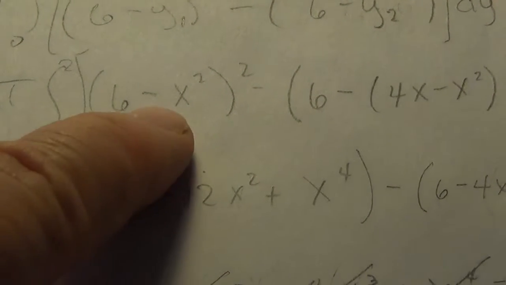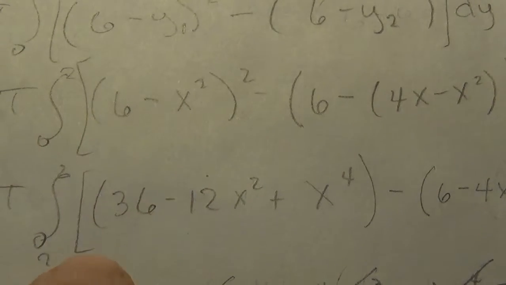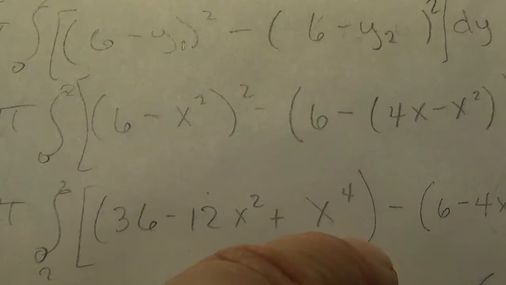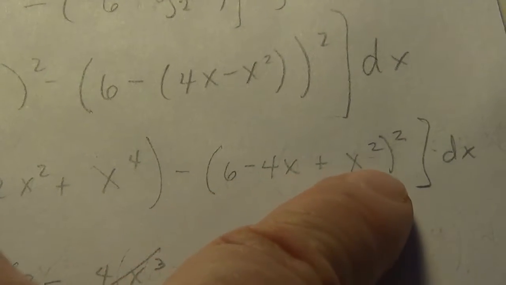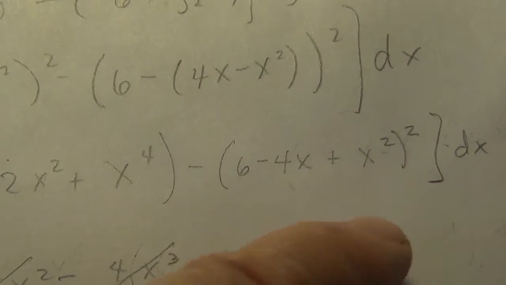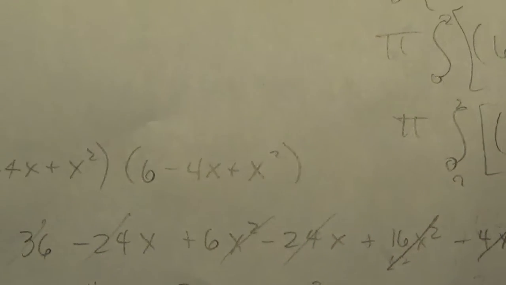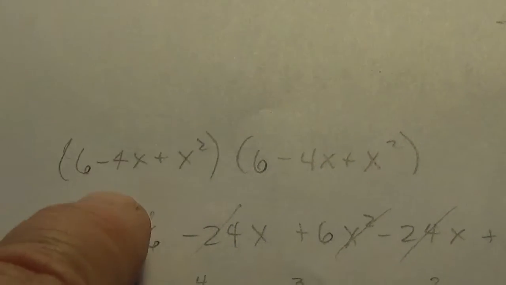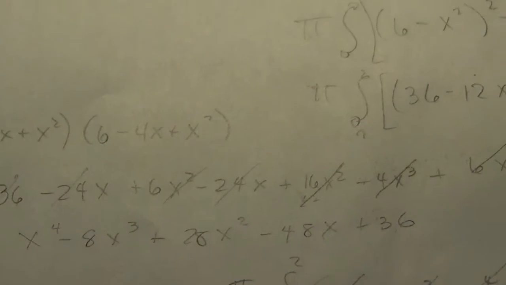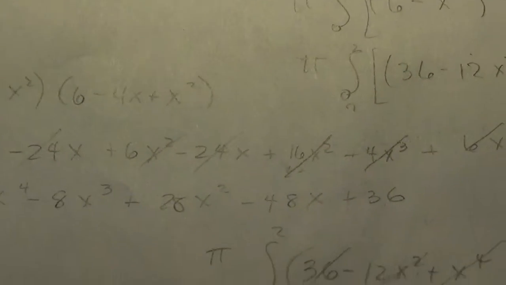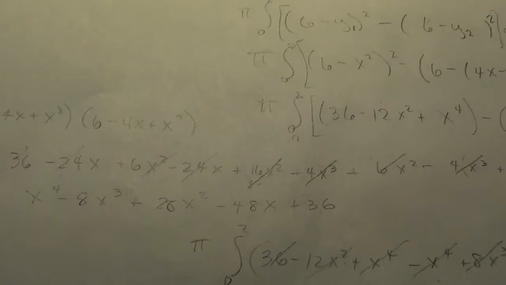Alright, when I squared 6 minus x squared, I got this. And when I distributed the negative sign before I squared this trinomial, I had to multiply 6 minus 4x plus x squared times itself. So all those terms, let's zoom out so maybe I can get them in one shot.